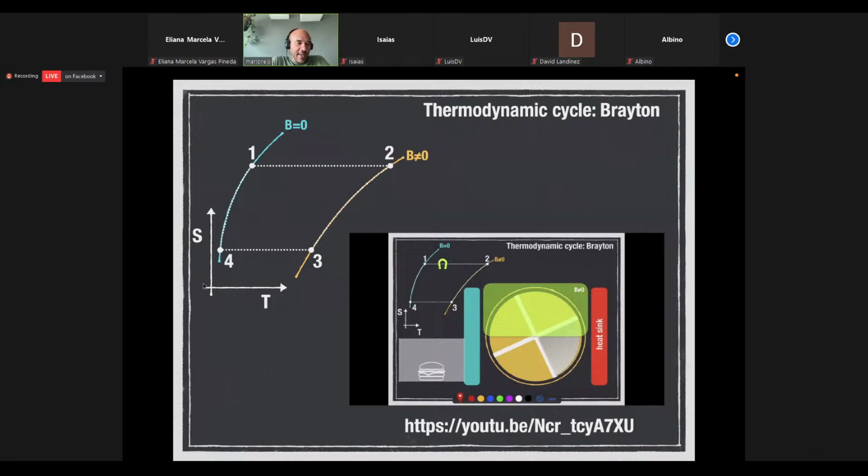Here is the entropy as a function of temperature, two curves of entropy with different values of field, 0, for example, and another curve with a different value of field. The Brayton cycle is based on two adiabatics, here steps 1, 2, and 3, 4, and two isofield processes.